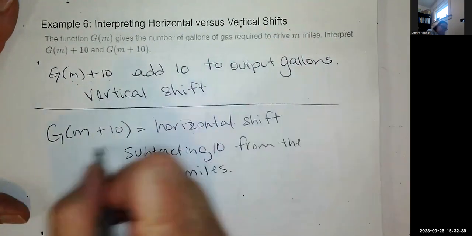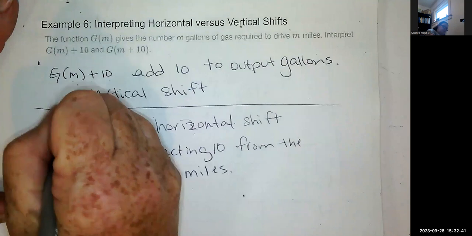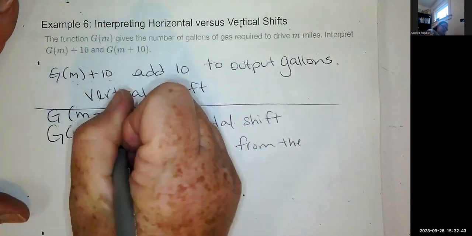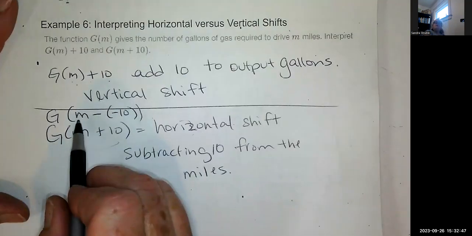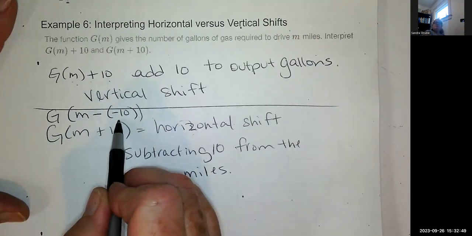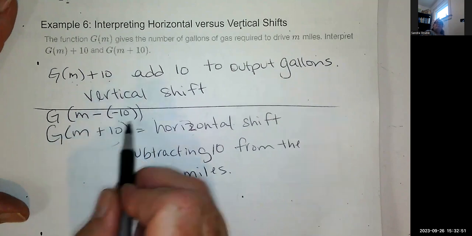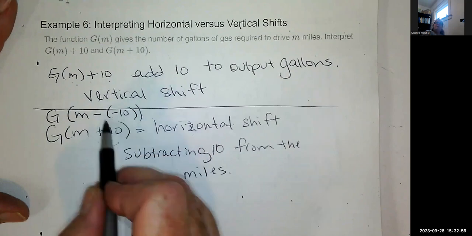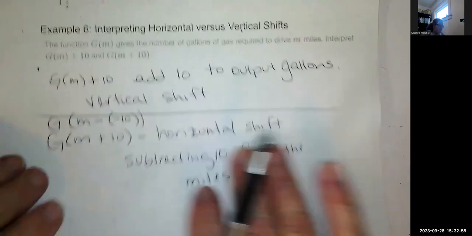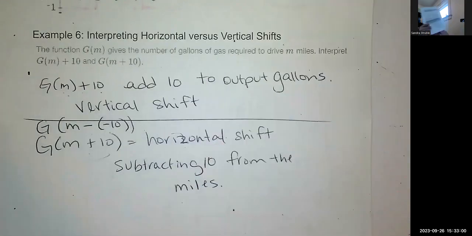All right, from the original input, because this would be representing a G of m minus negative 10. Because remember, it would be x minus h. Well, so m minus, it'd have to be negative 10 to make it a plus. So that way it will tell you that this is going to be a negative. All right, just to understand what's happening there.